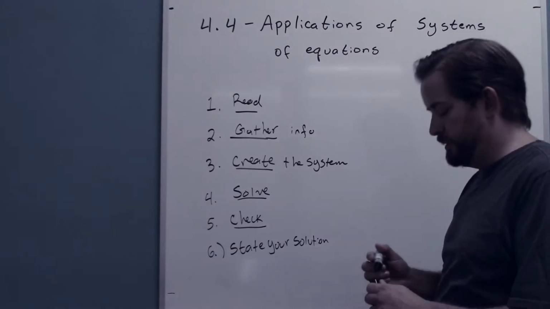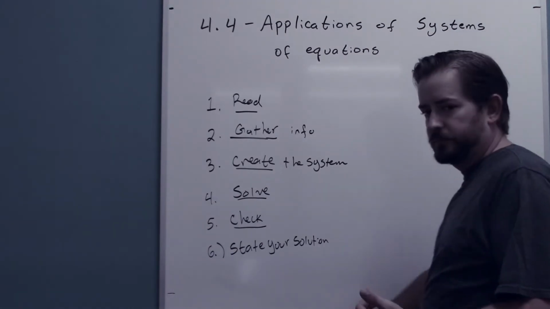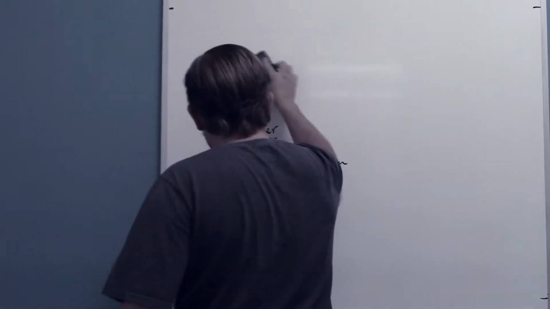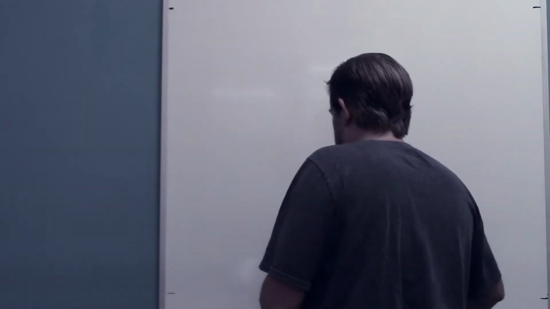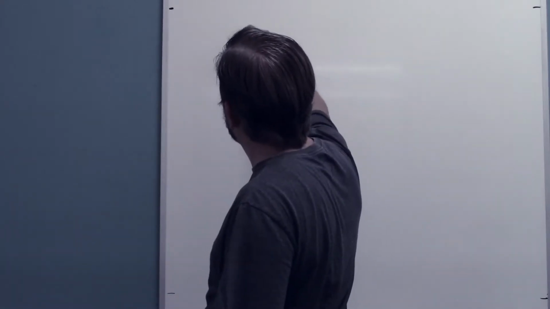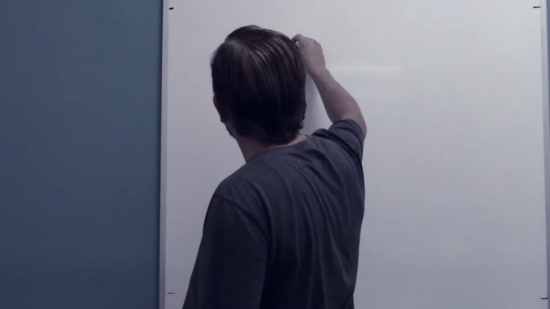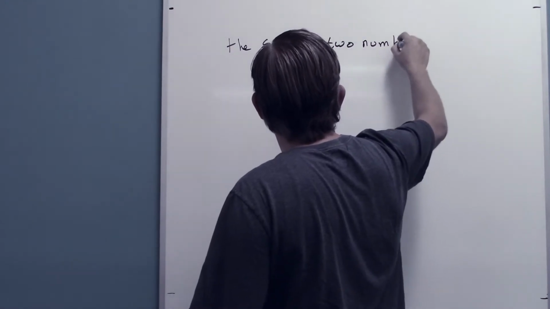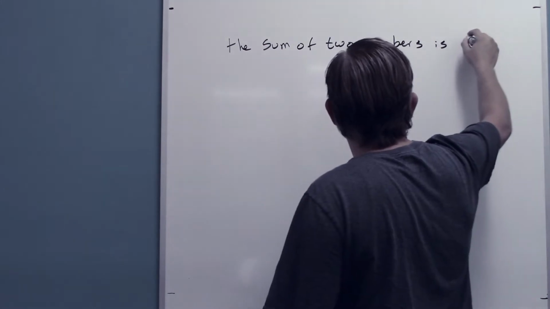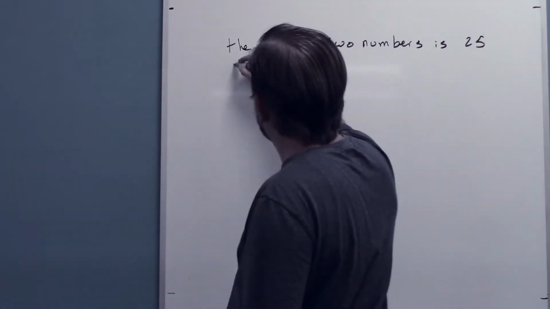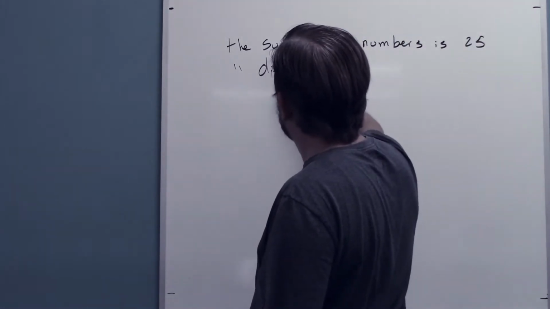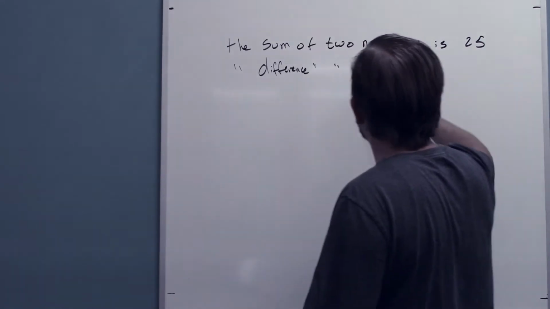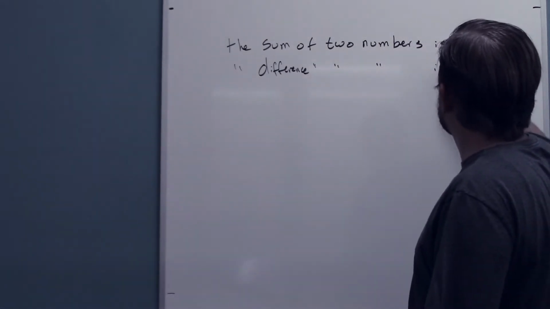So let's take a couple of problems. We'll go through some samples of these. Let's say that we have the sum of two numbers is 25, while the difference of those two numbers is 5.